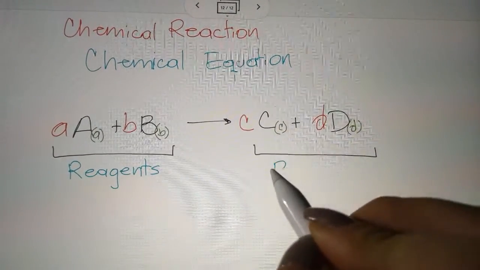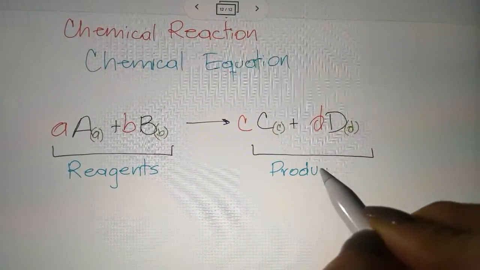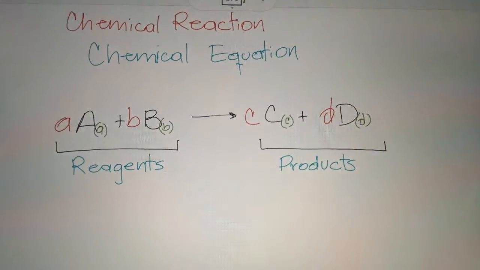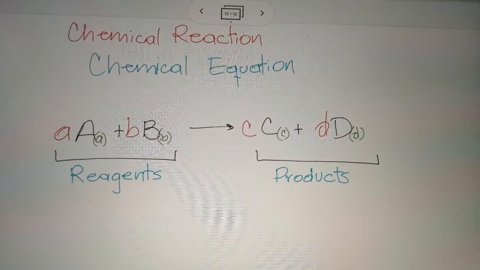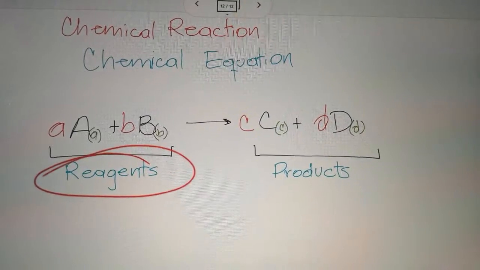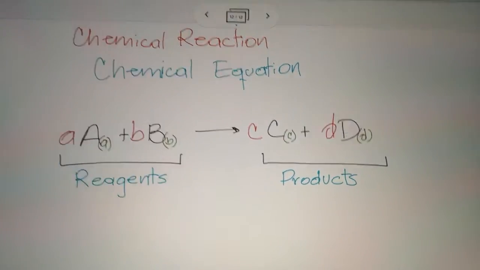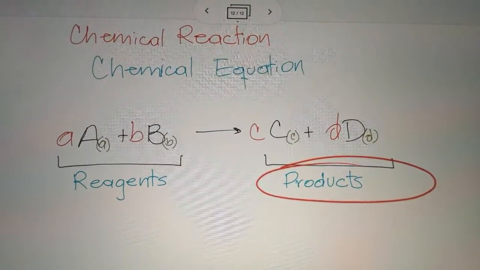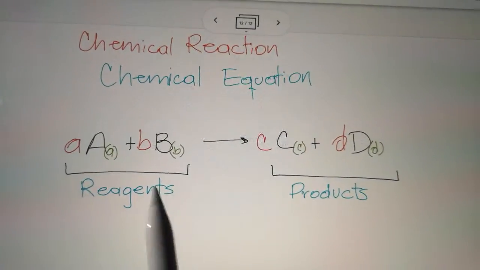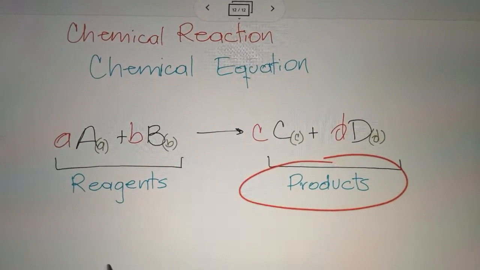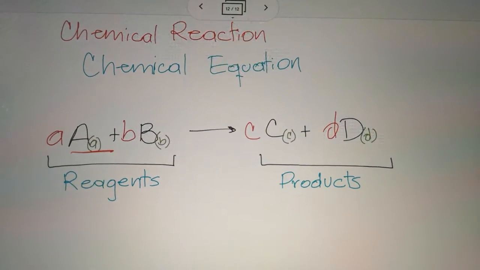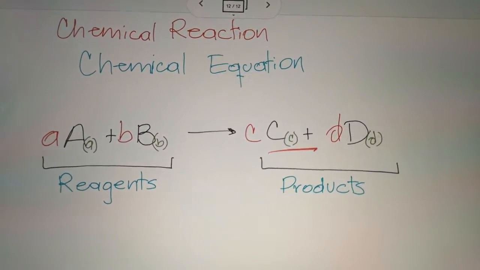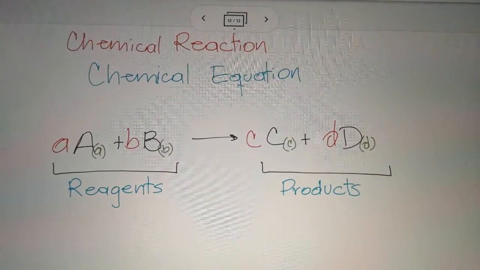And the second part, the products. For example, in your recipe, your ingredients were your reagents, and the main thing that you made is the product, okay? Always reagents and products. You can have one or more reagents and one or more products, depending on the type of reaction that we have, okay?